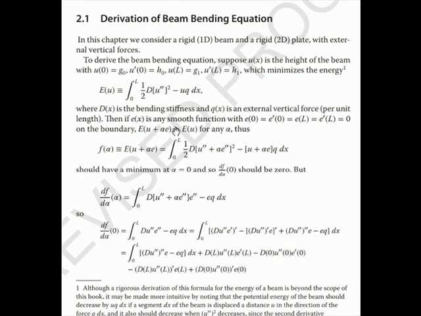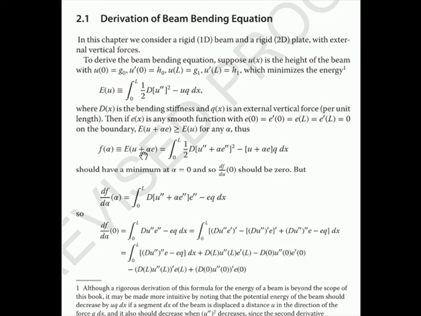Therefore, the energy of that function must be greater than or equal to the energy of U. So P of alpha, defined as the energy of U plus alpha E, has a minimum at alpha equals 0. Any other alpha, the energy is going to be greater.